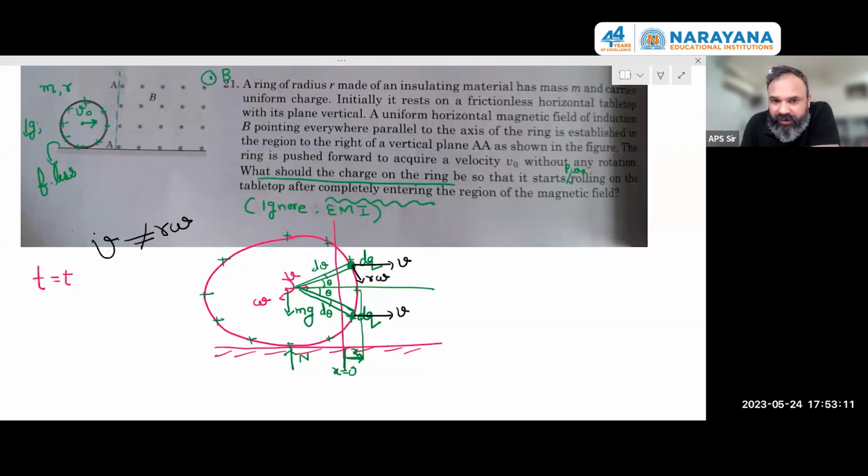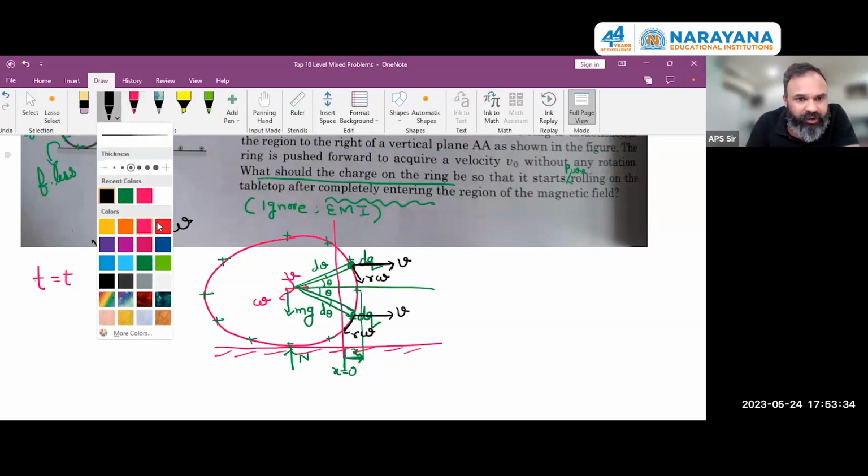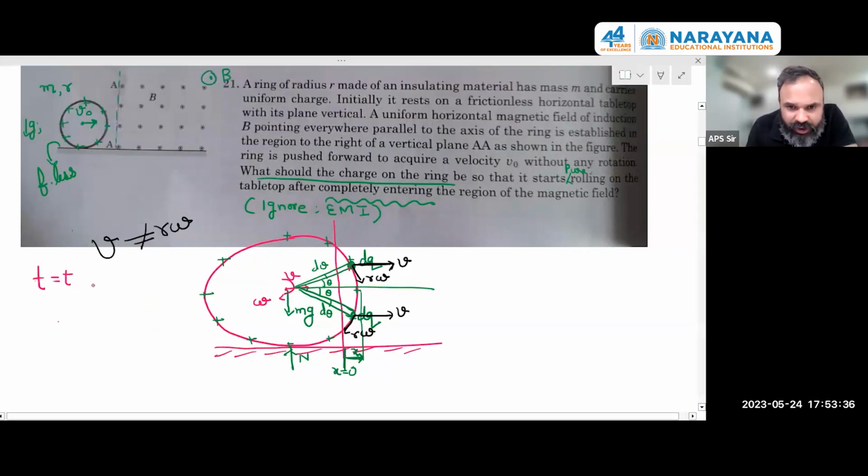So this point and its counterpart will also have a velocity which is r omega, and now there will be forces because of both components on both points. Because of this velocity v forward, it will have a magnetic force which is q v cross B. Now because this magnetic field is outward, a force will act on it in the downward direction.